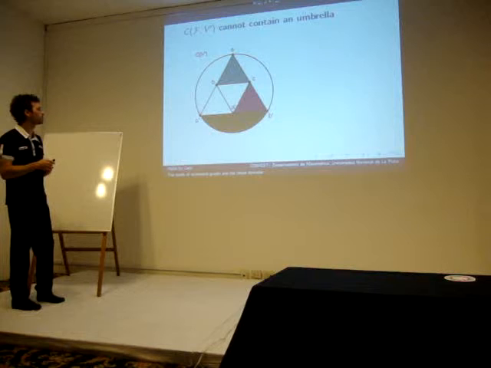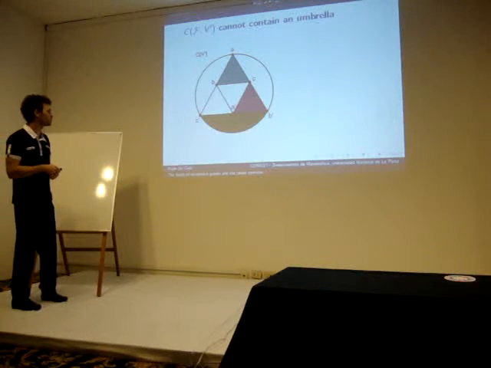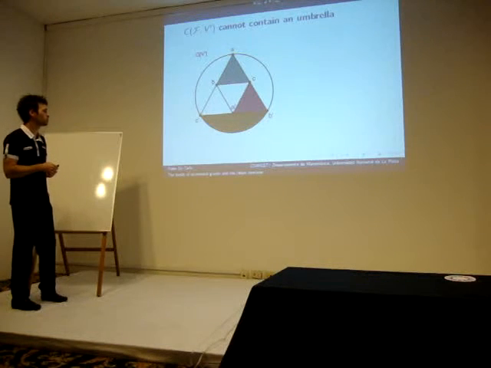Another case is the case of an umbrella. An umbrella is defined as two triangles that don't share vertices, plus a third triangle that can occupy any position.